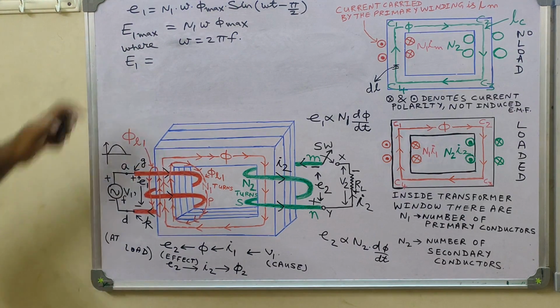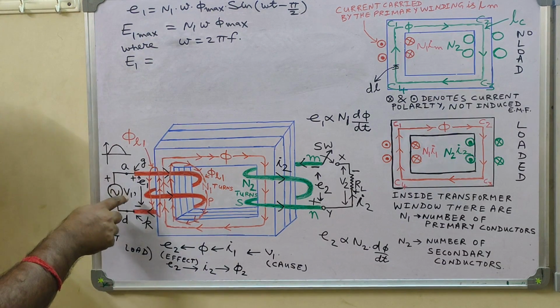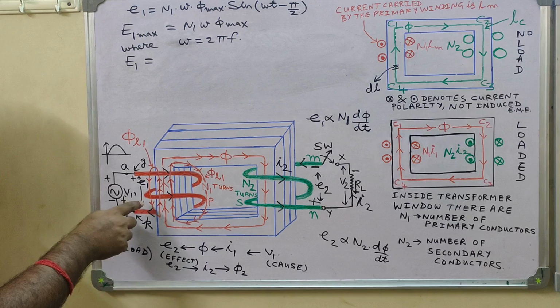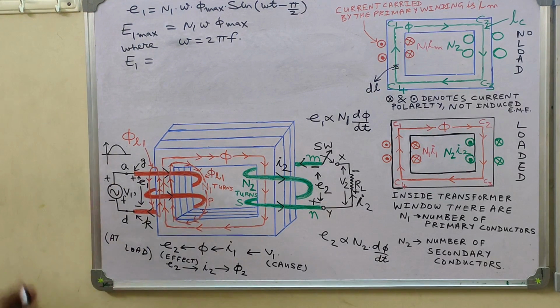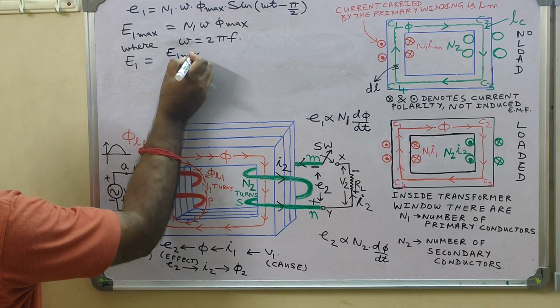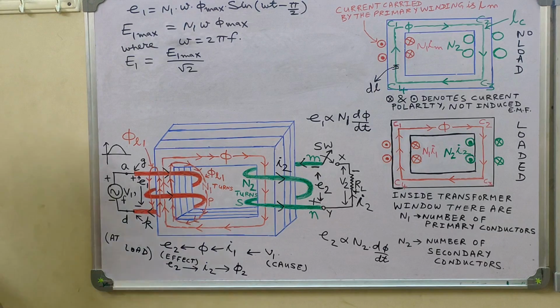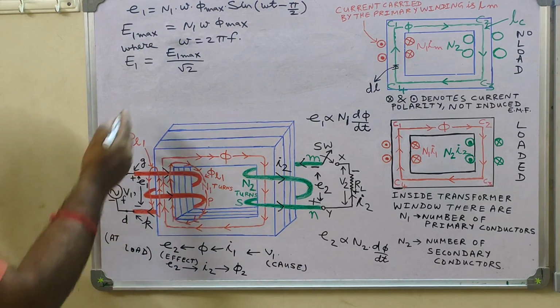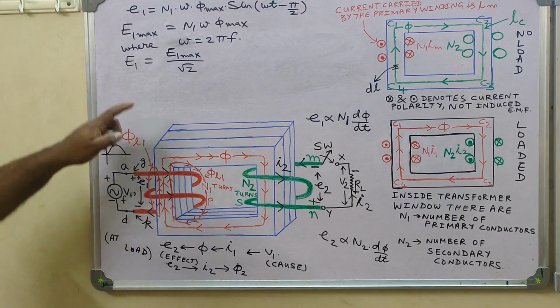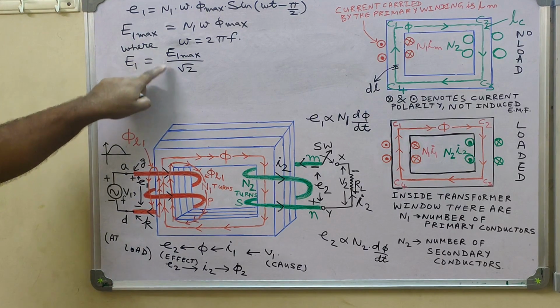So capital E1 is the root mean square value of the EMF which is induced in the primary winding. So E1 equals E1 max, the maximum value, divided by root 2. Since the flux is sinusoidal, the induced EMF is also sinusoidal. For a sinusoidal quantity, the root mean square value is found by dividing the maximum value by root 2.